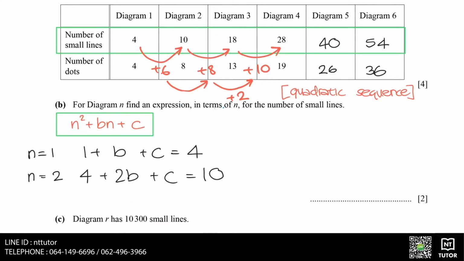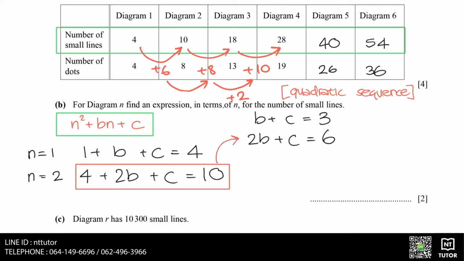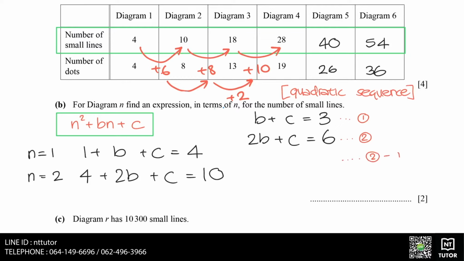We can rewrite these two equations into b plus c equals 3 and 2b plus c equals 6. Since the coefficient, or the number in front of the c, is the same, we can minus the two equations to get rid of the c and get b equals 3.